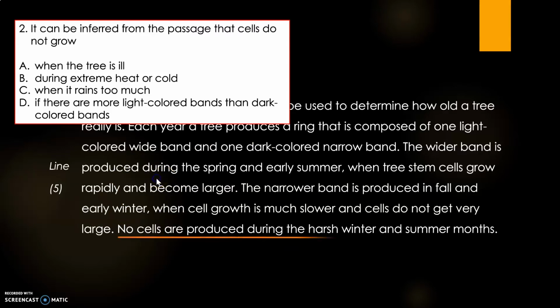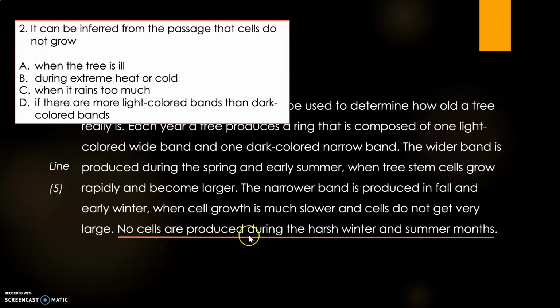So here's the text. No cells means not. No cells are produced means the cells do not grow. The cells do not grow is the same as no cells are produced.